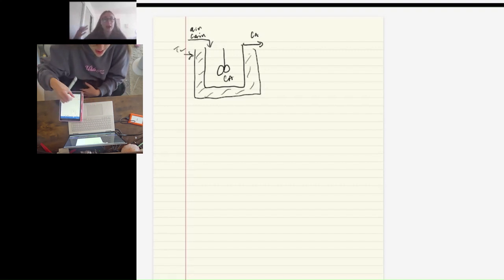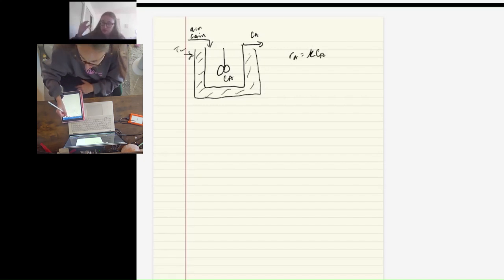After this, we need to know a couple of things about our problem. This is a first order reaction, so the rate is your rate constant k times Ca, your concentration. We don't know what our k is, so we have to define an equation for that.